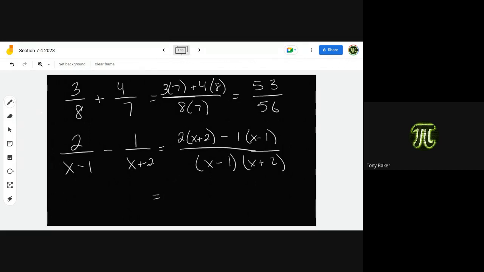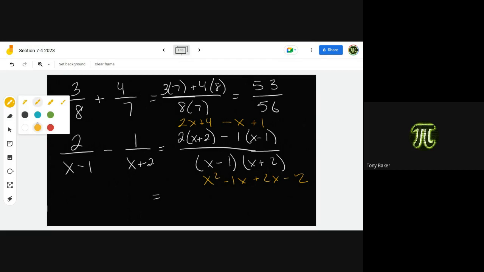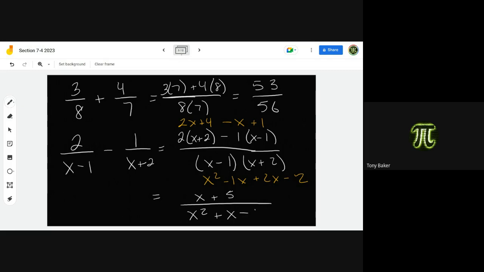So if we do this quickly up here, I got 2x plus 4 minus x plus 1. And down here I'd have x squared minus 1x plus 2x minus 2. So if we put all that together, I've got x plus 5 over x squared plus x minus 2.